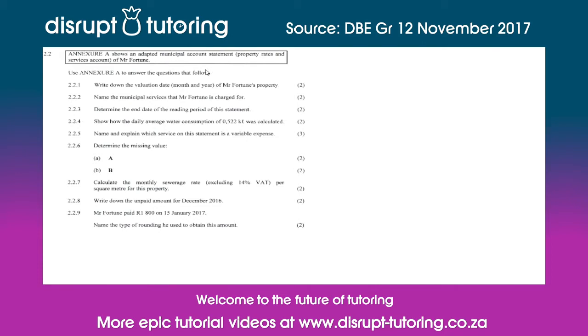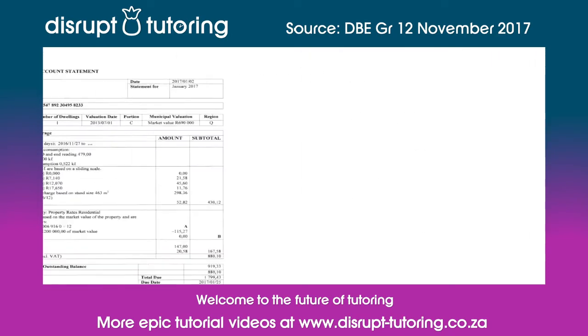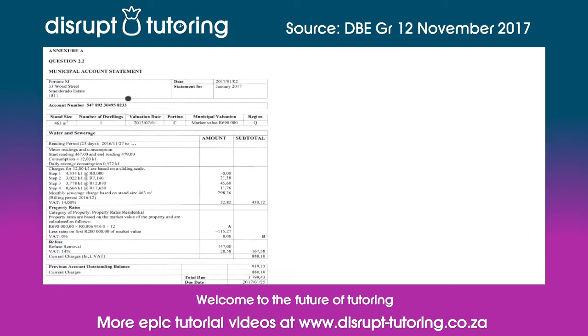So we are on 2.2.1, which says write down the valuation date, month and year for Mr. Fortune's property. So we go back to the statement and we have to look at what year and date this is for, the valuation date.